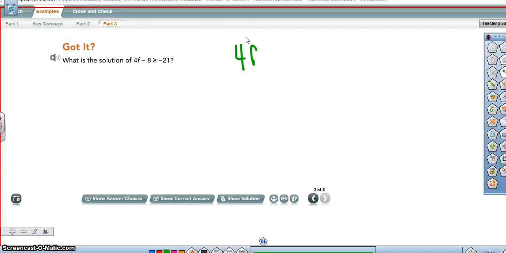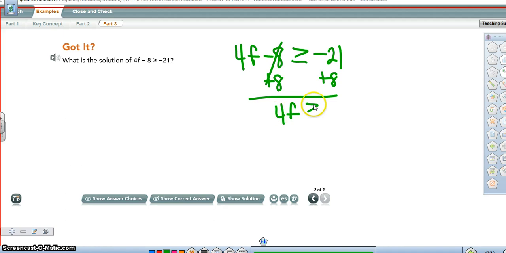All right, we always start with the adding or subtracting first. So we'll go ahead and add 8 to both sides. We would want to divide by 4 on both sides.